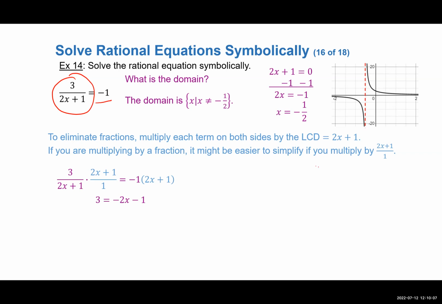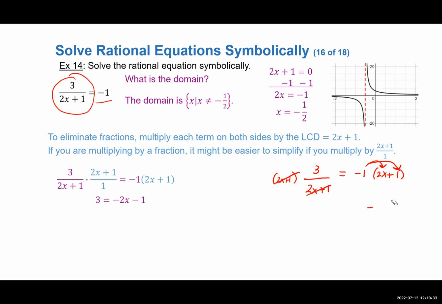I'll show you in my handwriting, maybe that'll help. Basically, you're going to multiply both sides by 2x plus 1. These cancel, and you're left with 3 equals -2x minus 1.